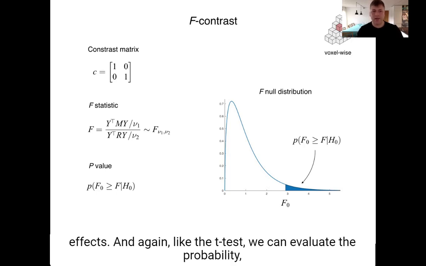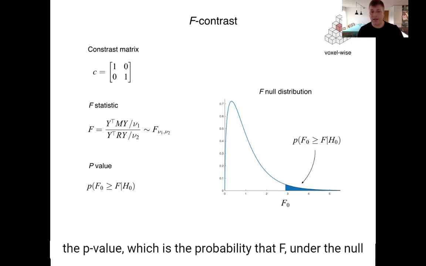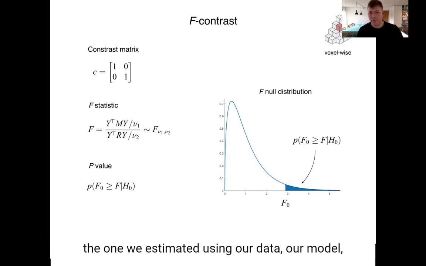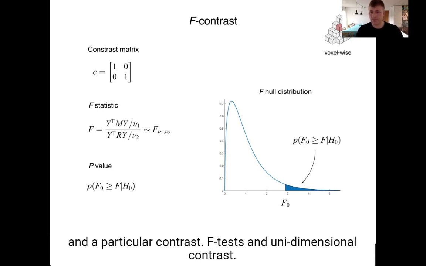And again, like the t-test, we can evaluate the probability, the p-value, which is the probability that F under the null hypothesis is equal to or greater than our observed F, so the one we estimated using our data, our model, and a particular contrast.